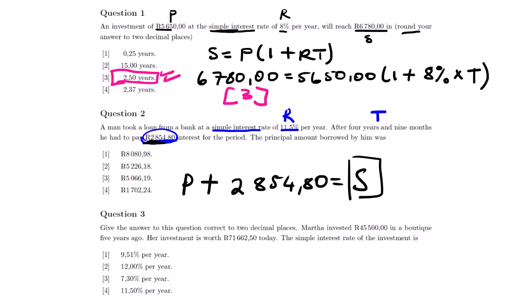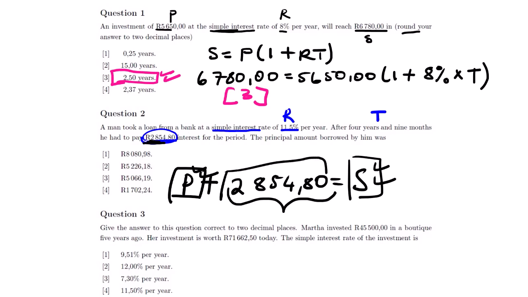So what he took plus this interest will give us the future value. So we took the present value, and then as he repays the loan, the interest of this amount was added to the one that he took.